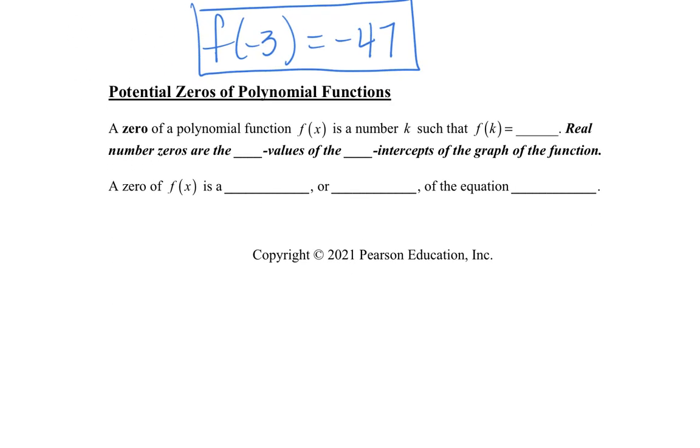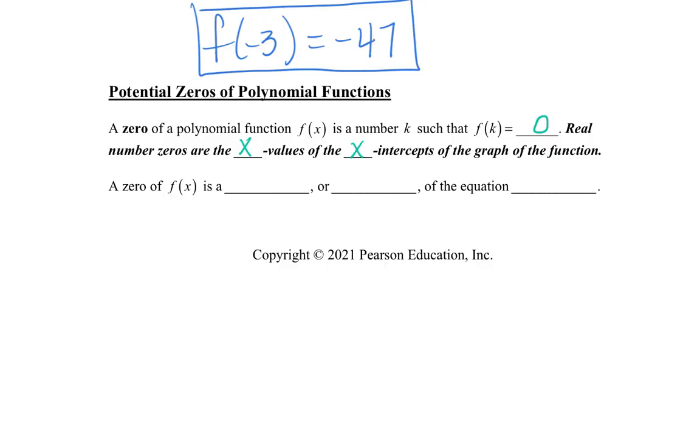The potential zeros. So now a zero of a polynomial function is a number such that f of that number is equal to 0. Real number zeros are the x values of the x-intercepts of the graph.